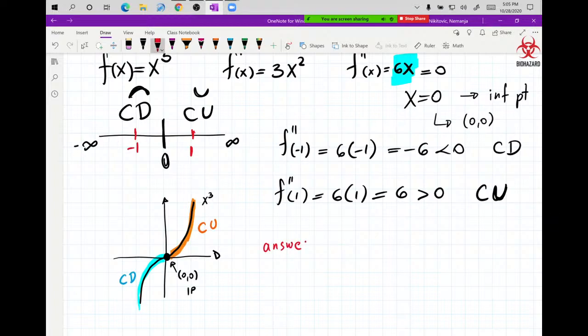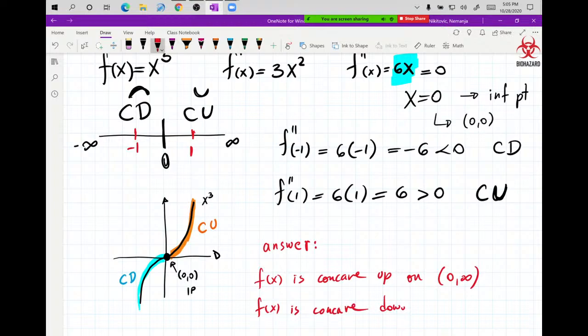So now, what is my answer? Because the question was, find the intervals of concavity. We'll say f of x is concave up on 0 to infinity, and f of x is concave down on negative infinity to 0.